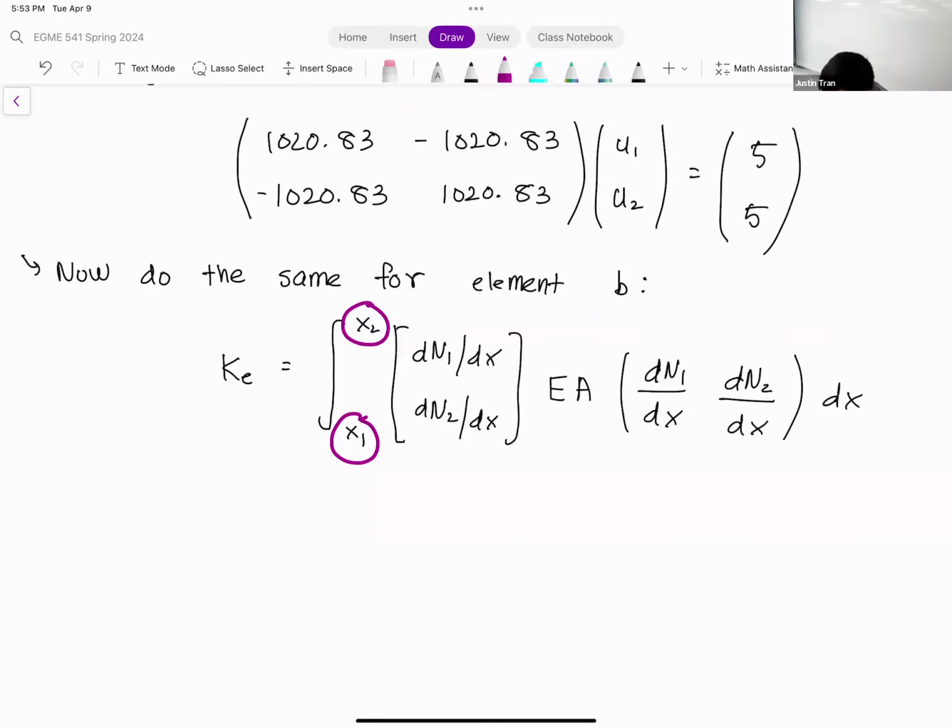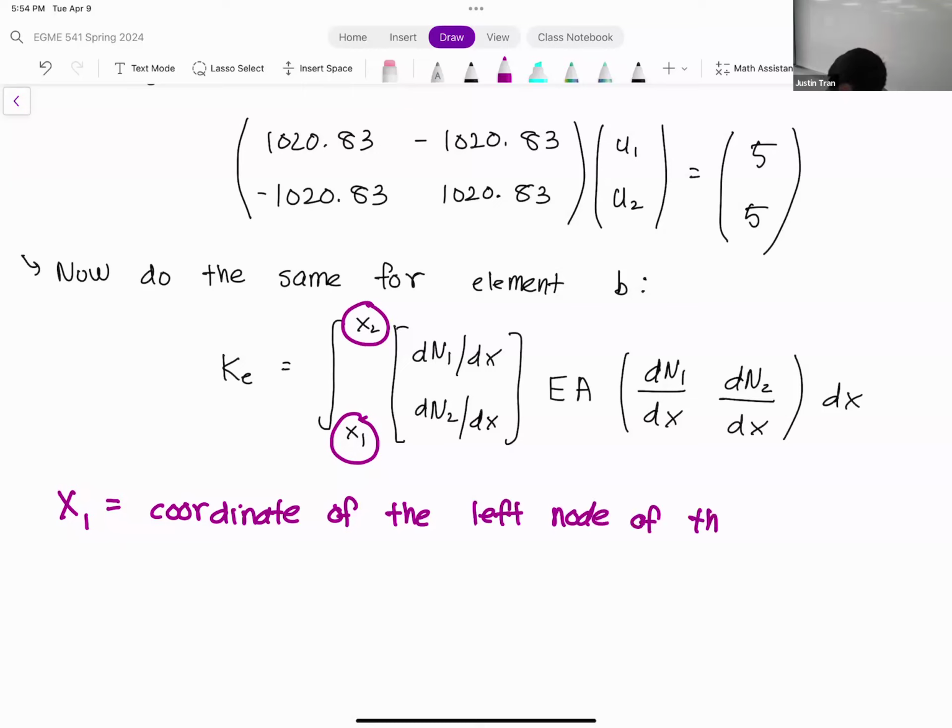Now, when you're plugging in, x1 in these equations refers to the coordinate of the left node of the element. You could say that it's also the lower node or whatever.